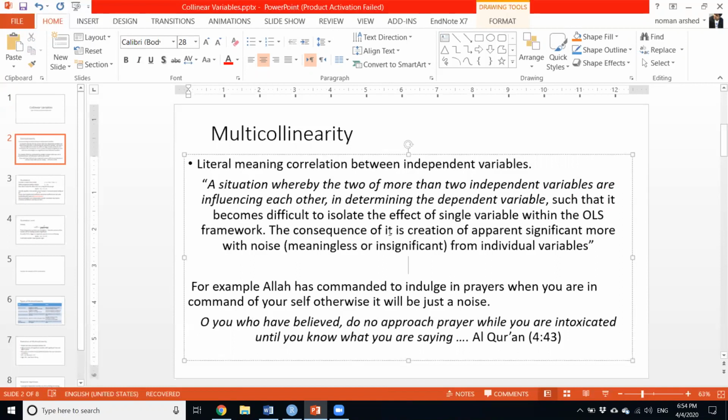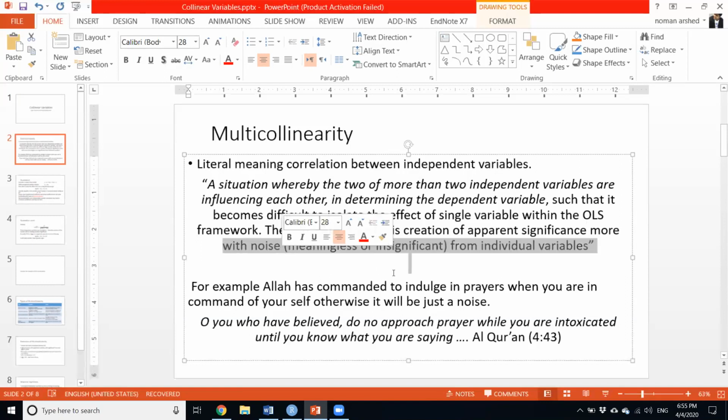The consequence of this is the creation of apparent significance. It means that the model will be apparently significant, the overall model will be good enough and it will be explaining the changes in y, but there will be more noise. The model will have noise, meaning that the individual variables are not significant.